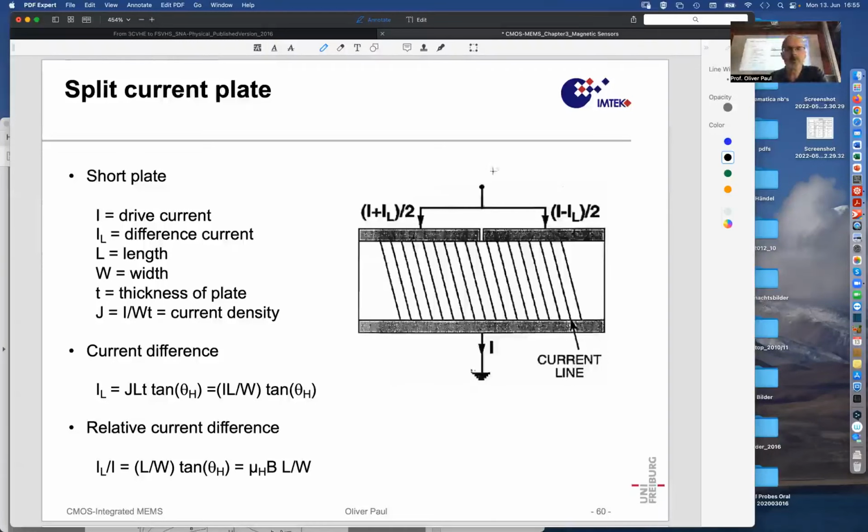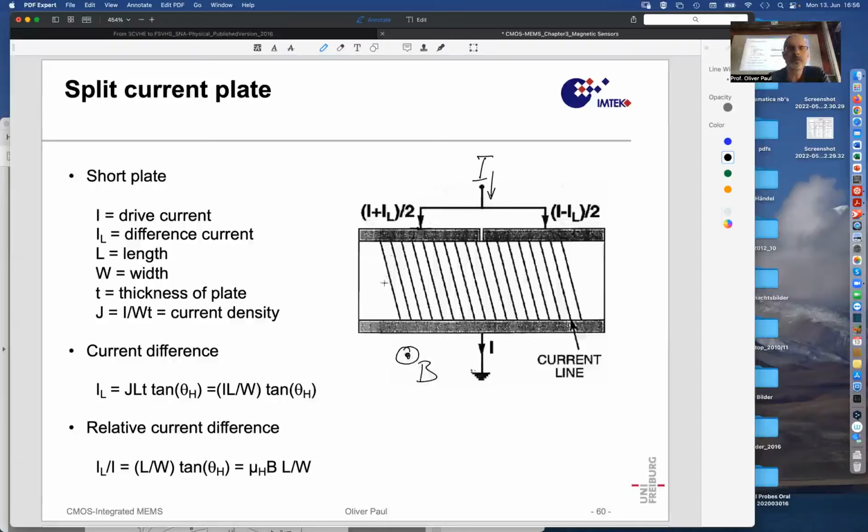And so what will you observe? If you apply a circuitry that injects a current I into this common contact and somehow ensures that the voltage here and here are the same, then it is likely that under a magnetic field, and I should maybe draw this magnetic field B, there will be an oblique current flow.